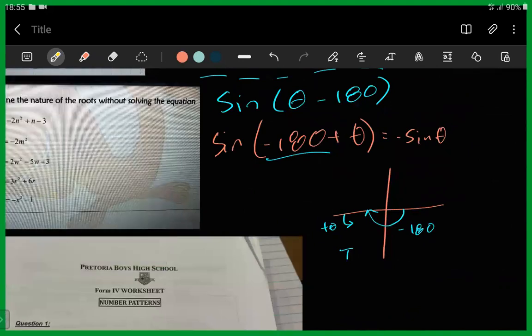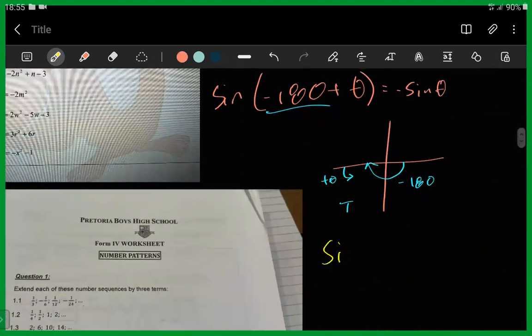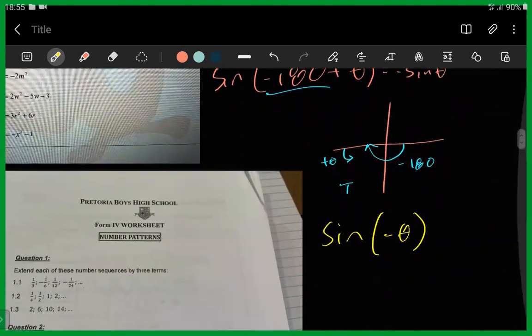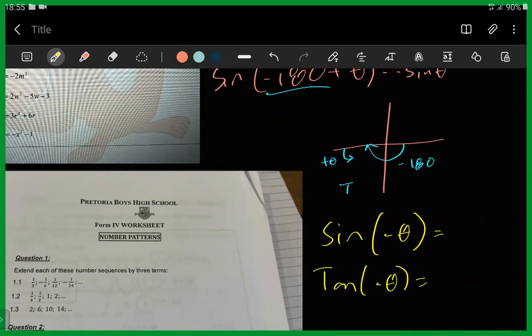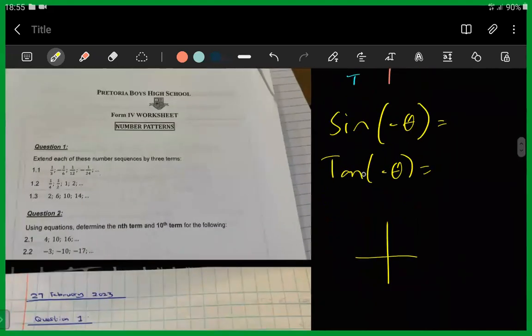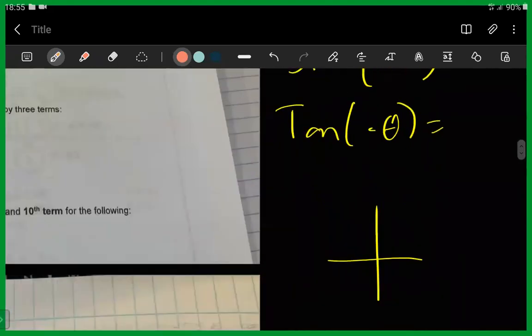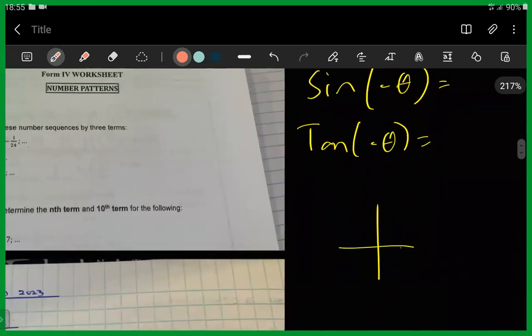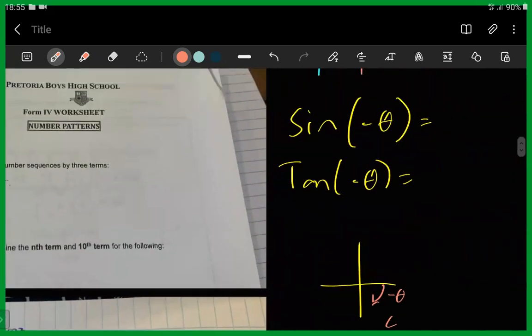So when they're now individuals, let's say you have sine of negative theta or tan of negative theta. The reason why these are negatives is because when you see a CAST diagram, remember we said negative means you go clockwise. So here negative theta puts you in this quadrant where only cos is a positive.